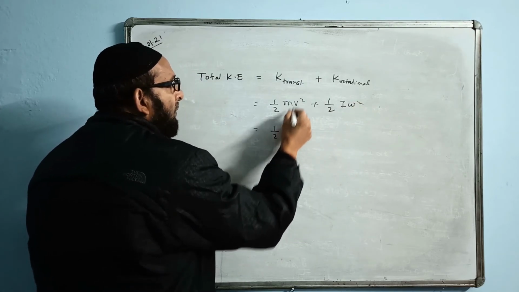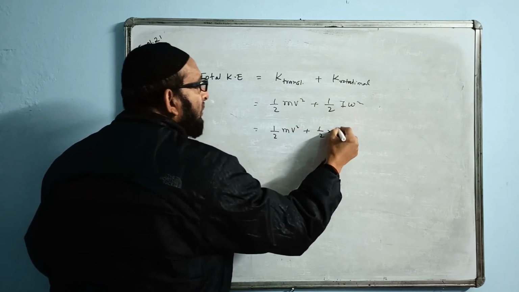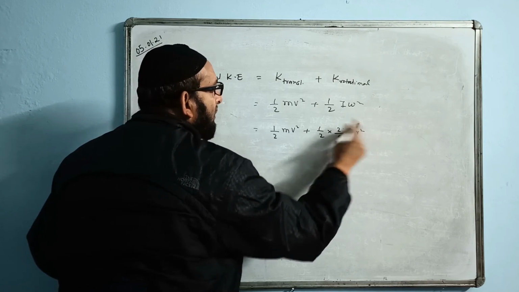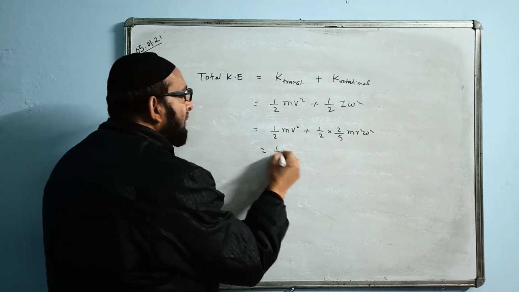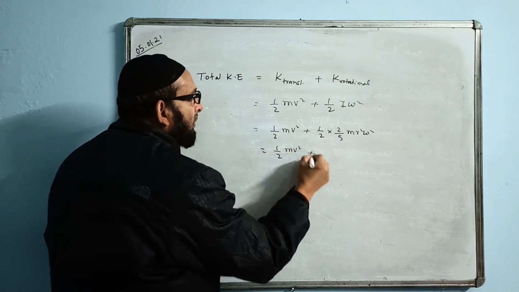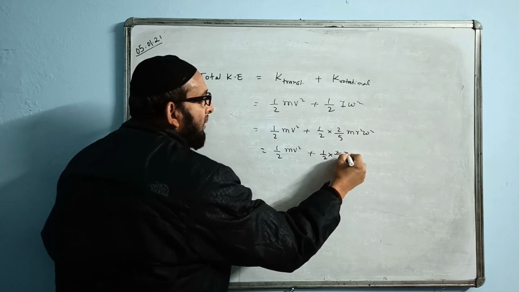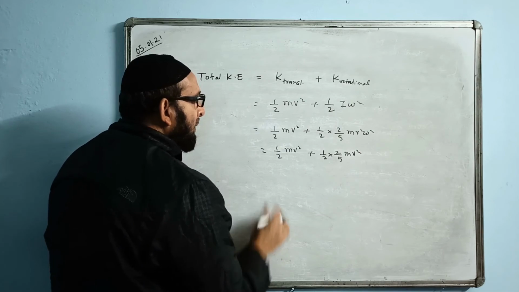Half mv square we keep as it is, plus half times the moment of inertia of a sphere, 2 by 5 mr square, times omega square. I continue: half mv square plus half into 2 by 5 m, omega r makes v, so we get v square.